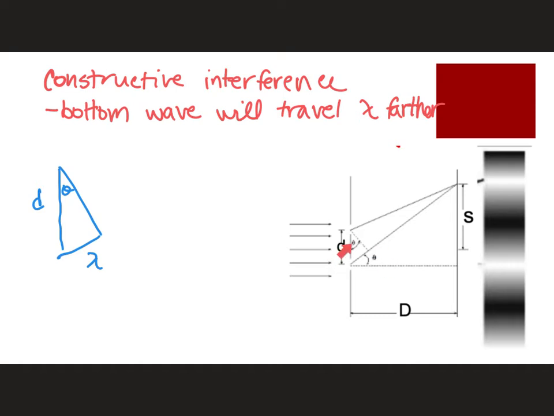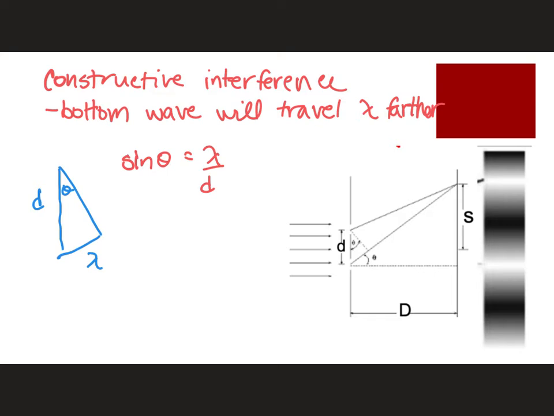That's going to be the exact same angle as right here at the top of my triangle. Now, if I look at this, I can use some trigonometry, and I can see that compared to theta, lambda is my opposite, d is the hypotenuse, so that means sine theta is going to be lambda over little d.